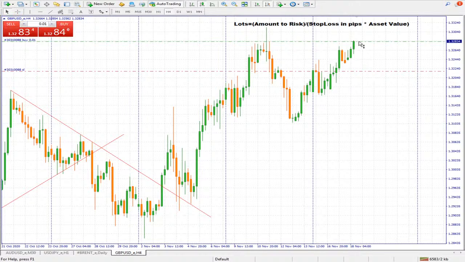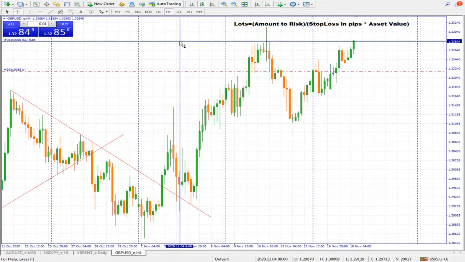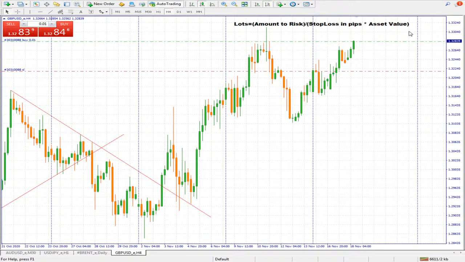So if you have your entry here and the stop loss is here, then the number of pips is actually 652. So 652 is the difference between this and this here. And then the asset value is basically the value per pip for this given currency.